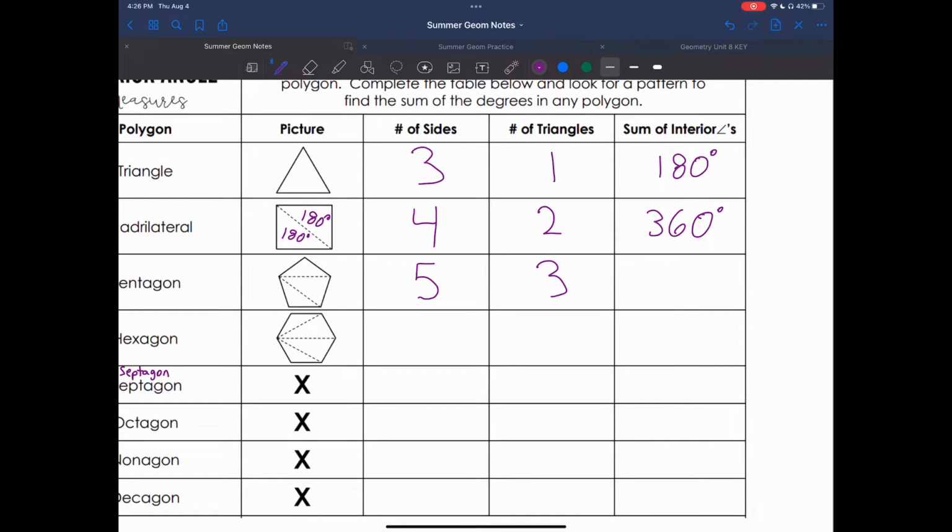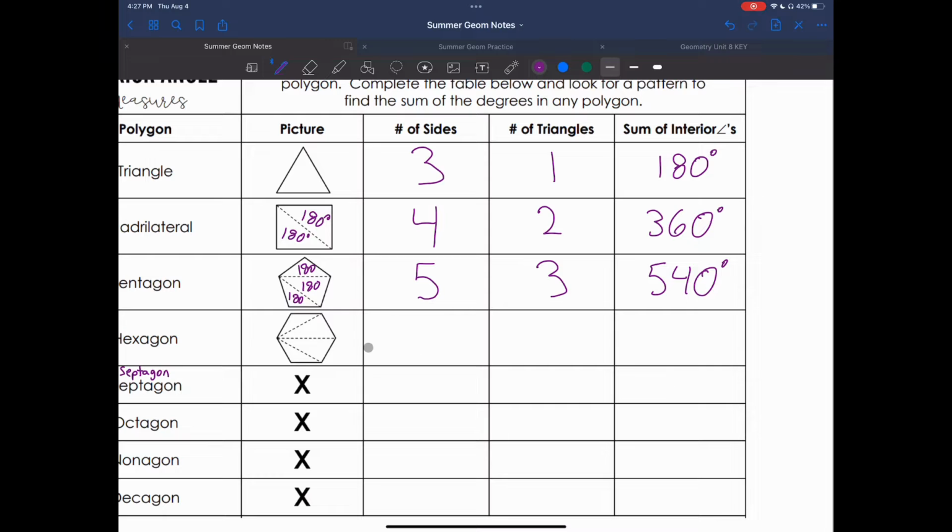And then we know there's 180 degrees in each one. So to figure out the sum of the interior angles, you're going to do 180 times 3 in this case, which would give us 540 degrees. And I should have said in the beginning, you're for sure going to want to use a calculator in this section. There's going to be some big numbers the further we get here.